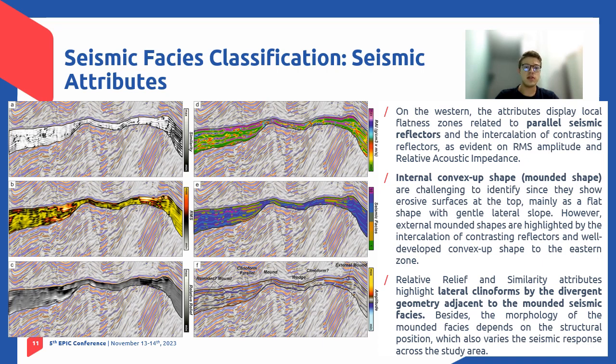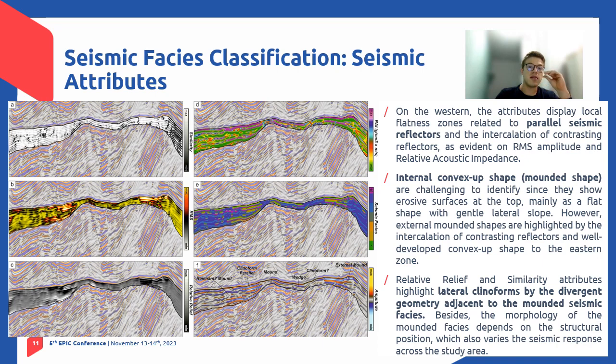On the western part, the attribute displays local flatness zones, most of them related to parallel seismic reflectors and the intercalation of contrasting amplitudes. As there is evidence in the RMS and also in the seismic relief, you can see these characteristics.